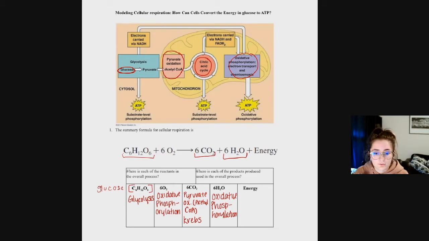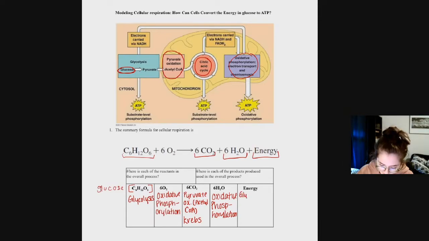Awesome. And then for energy, which is the most important part of all of this, we have a couple of things going on. I'm going to start going through glycolysis and then list what we generate. This diagram gives us a good idea of what that will look like.